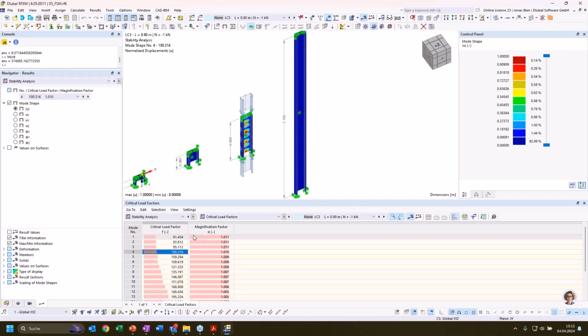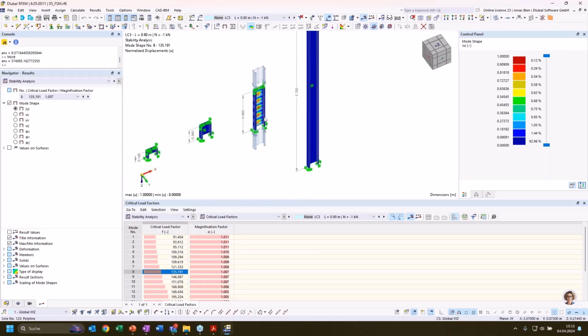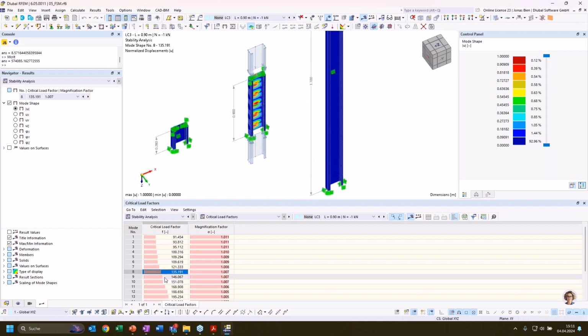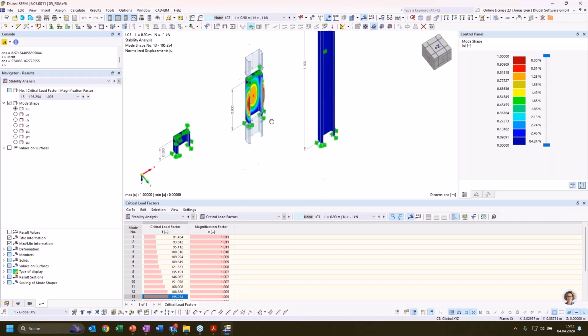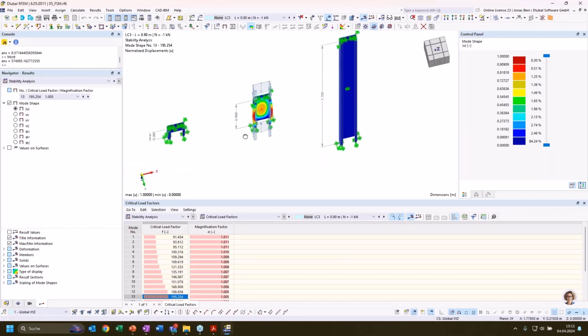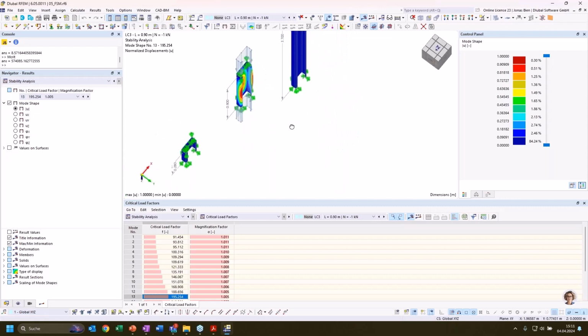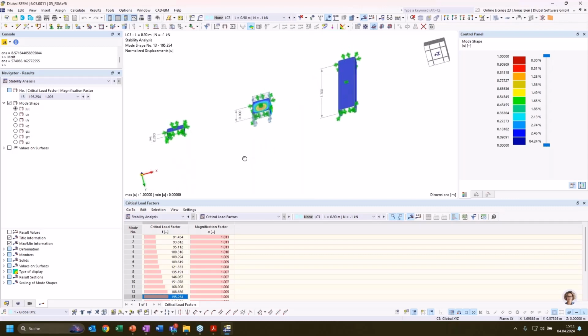I can go through this and find several mode shapes where especially my web buckles in different configurations. And then in mode shape number 13, I find a mode shape which is particularly interesting for cold formed members, and that is distortional buckling.